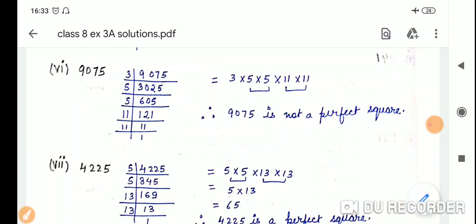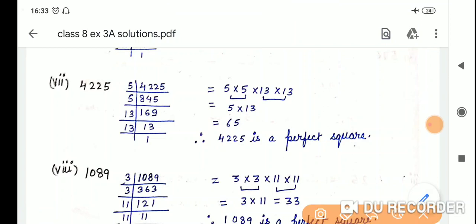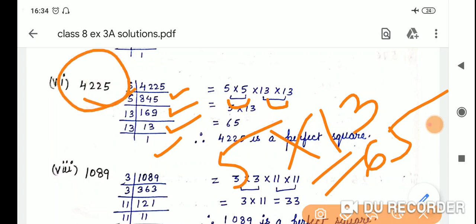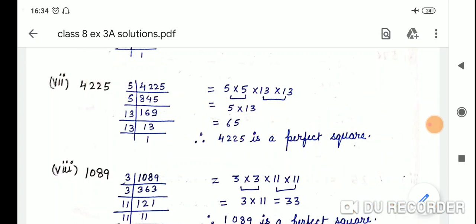Now coming to the seventh part, that is 4225. So 5 se kiya to 845, then again by 5, 169, 13 se 13 times and 13 se 1 time. So 5 into 5 and 13 into 13. So we are getting both the pairs. So 5 into 13 ho jayega, it will be 65. So thus 4225 is the square of 65 and it is a perfect square.